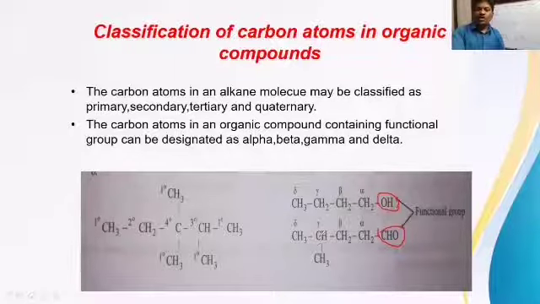Are you getting? So it is a gamma methyl compound. On the gamma carbon atom, there is one methyl branch. And the aldehyde group is attached to this carbon, so it is taken as alpha carbon. So we can classify the carbon atoms in the form of alpha, beta, gamma, delta. Otherwise, primary, secondary, tertiary, and quaternary carbon atoms.